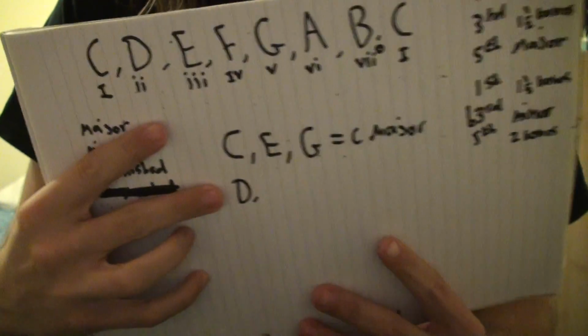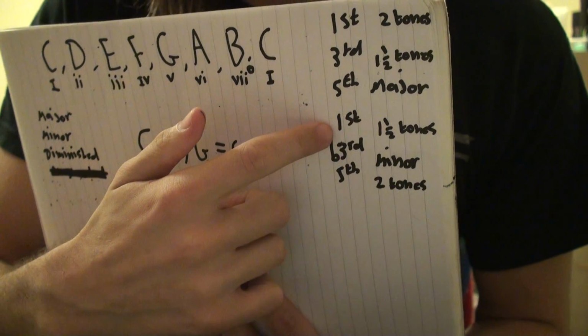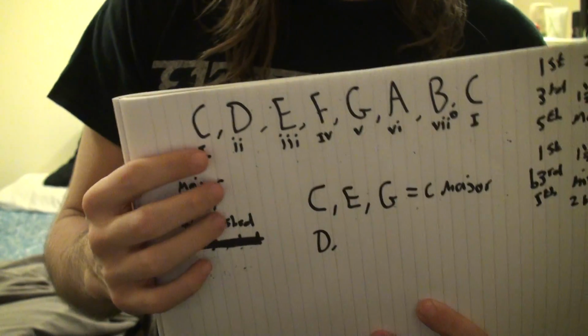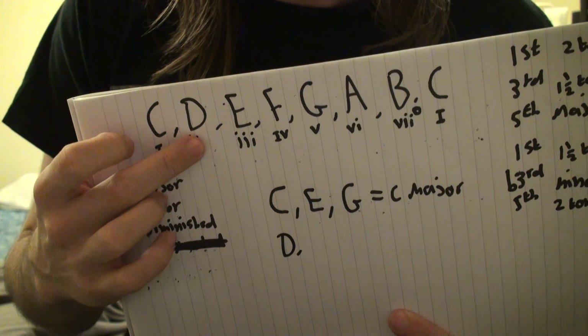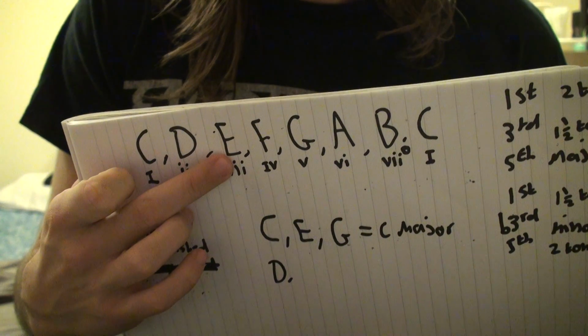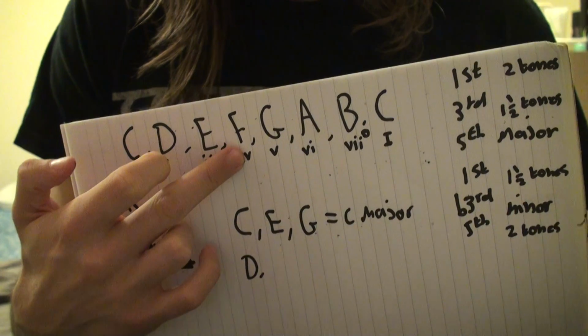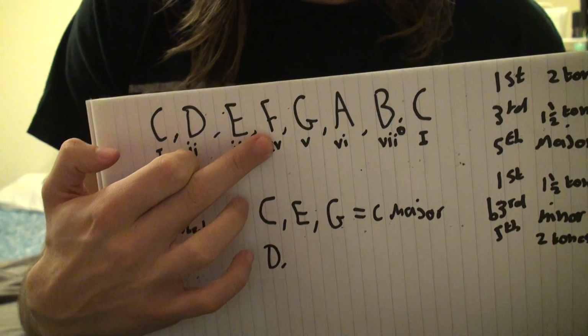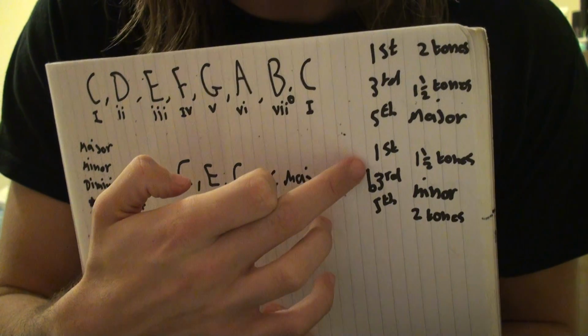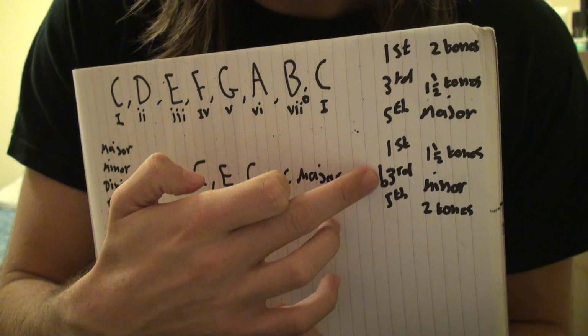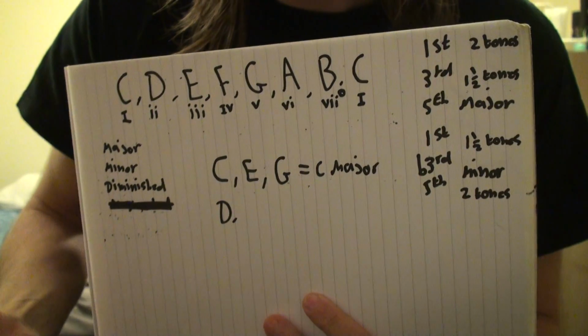It is made up of the first and the flattened third. So D, we move up to the second, and then we have our third. Now, how do we know if this is a flattened third? Because like I said before, from the first interval to a flattened third, we have 1.5 tones.